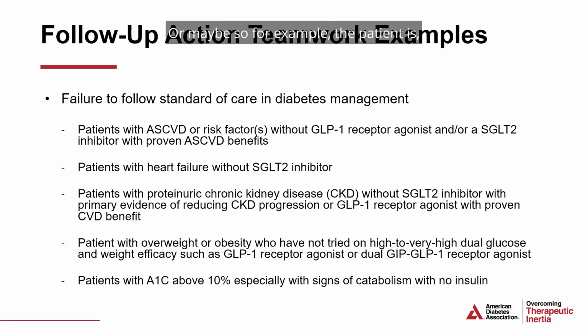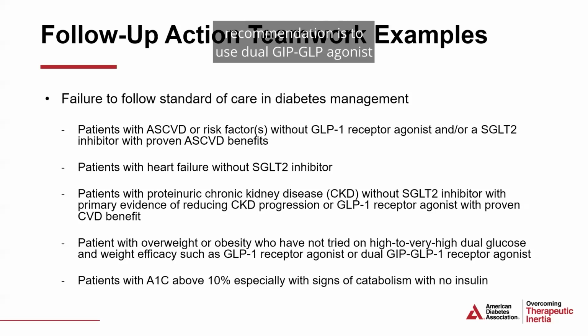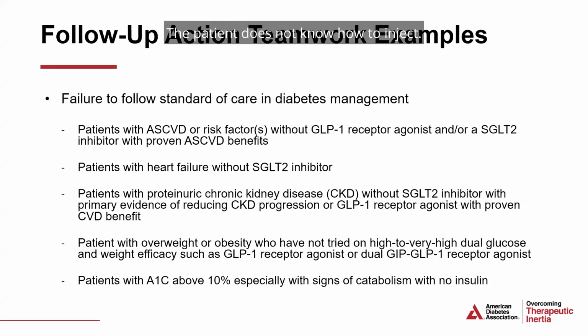Or maybe, for example, the patient has a high BMI, and the recommendation is to use a dual GIP/GLP agonist or a GLP agonist. A high percentage of these patients are not getting that, and the reason is that the patients are afraid of it. The patient does not know how to inject.